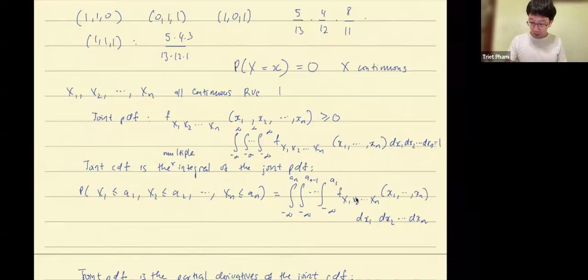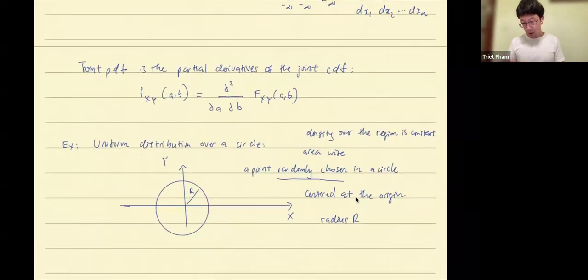In other words, the probability that x1 equals a particular value, x2 equals a particular value, up to xn equals a particular value is 0. You can generalize this: the probability that it is exactly on the edge or boundary of the circle is 0.